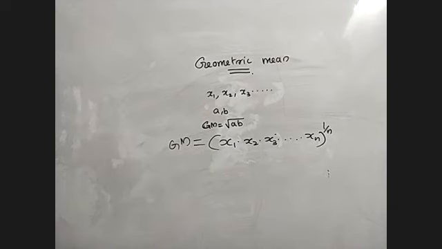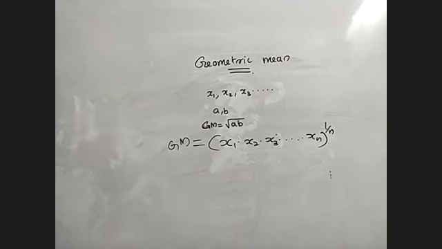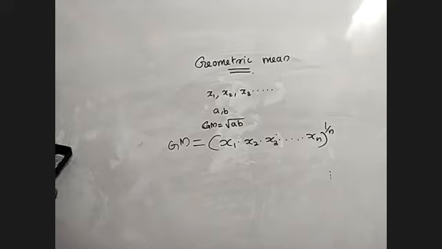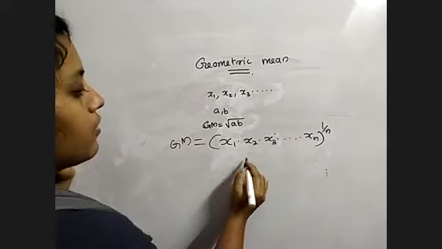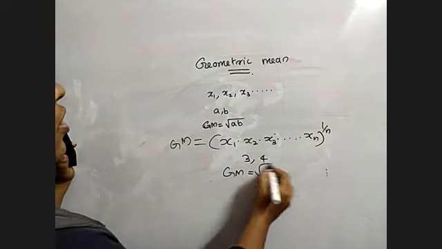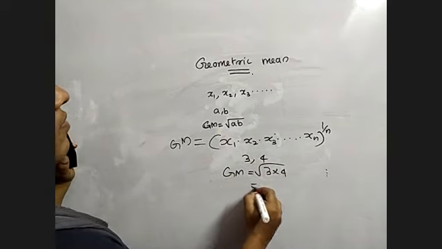Clear now? Ma'am, please say geometric mean once more. Geometric mean means, if they are given two numbers, say 3 and 4, geometric mean is just root of 3 into 4. Understood?